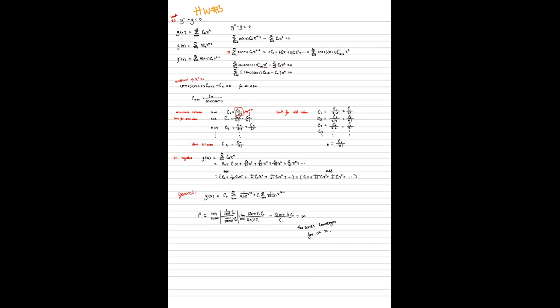So the general equation is c of 2n equals c of 0 over 2n factorial. For the odd values, we plug in c of 1: c of 3 equals c of 1 over 3 times 2, which is c of 1 over 3 factorial. The general equation is c of 2n plus 1 equals c of 1 over 2n plus 1 factorial.